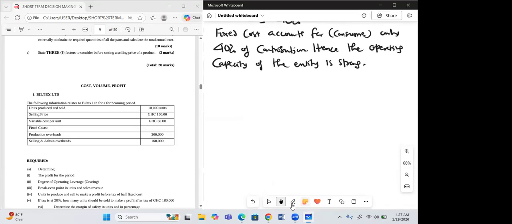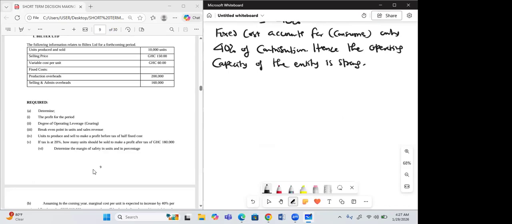Then break-even point in units and in sales revenue. Break-even points in units. What is the formula?